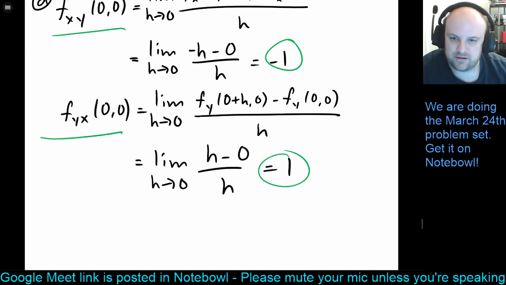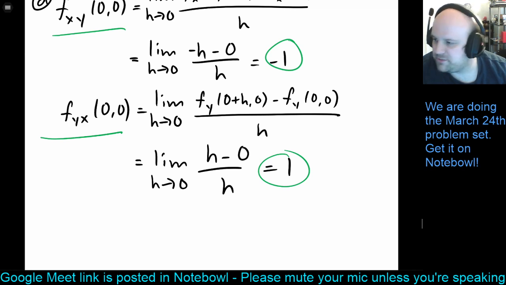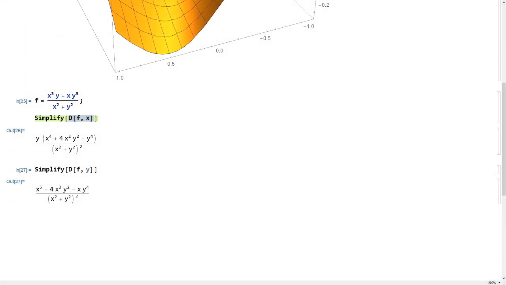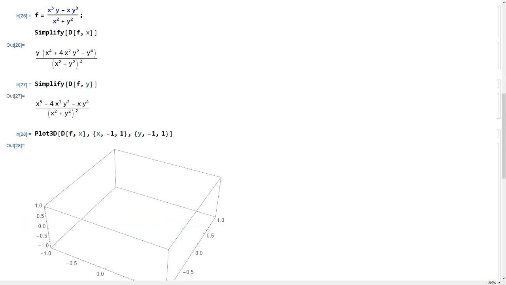So let me switch back over to Mathematica here. Let's look at the plot of this thing. Once you see it for one of these, what happens in the other one will make a bit more sense.